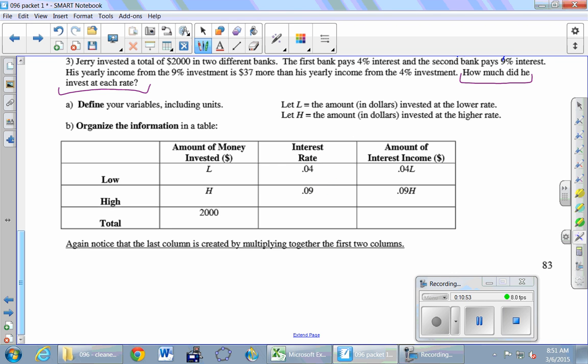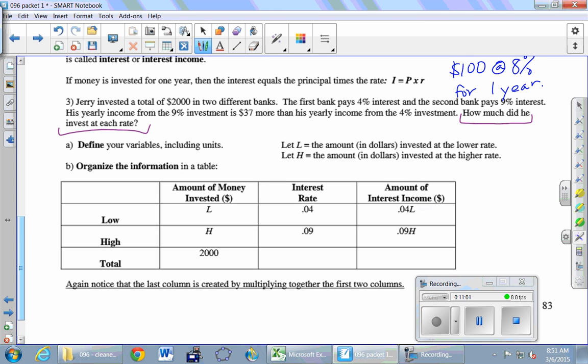And then what's going on here? It says amount of interest income is 0.04L. What we decided was that the interest is the principal times the rate. We're just going to multiply the principal times the rate, the amount you invest times the interest rate.